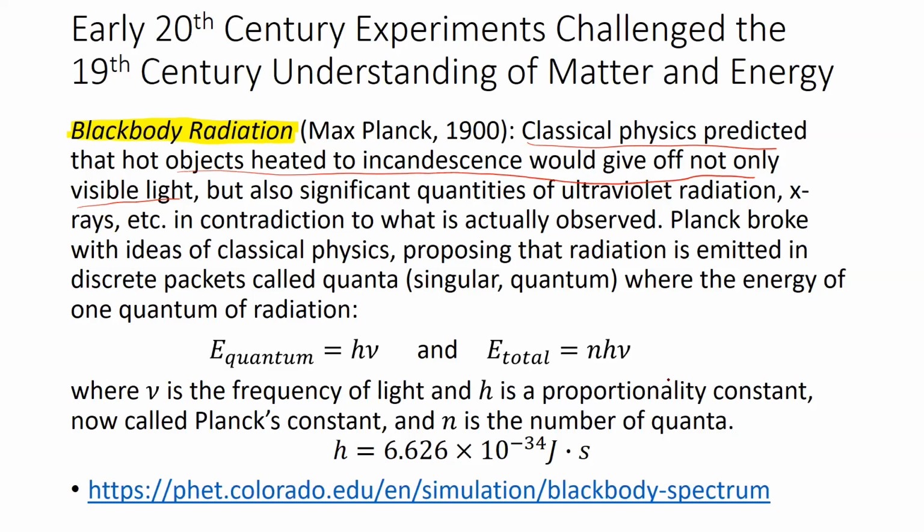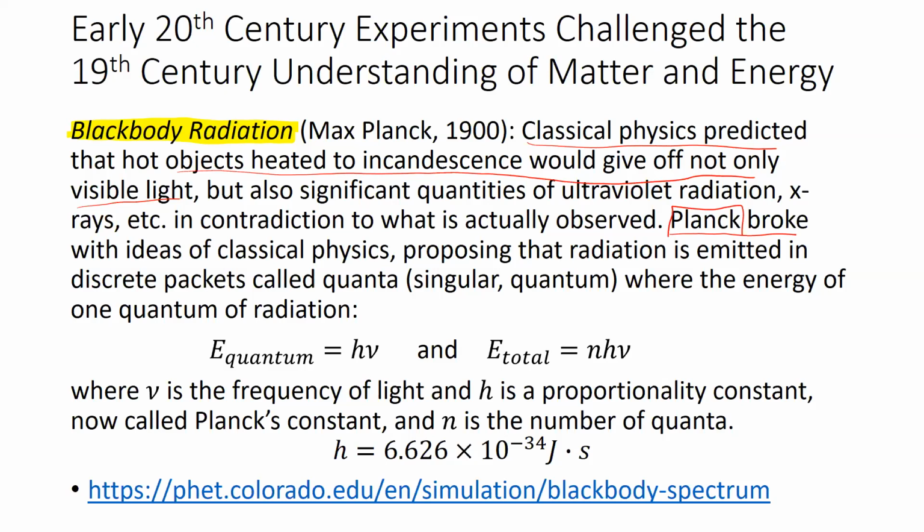So Max Planck is the person who comes up with an explanation for why all of the energy of that black body isn't just given off very, very quickly, but really says that it's only emitted in certain ways.